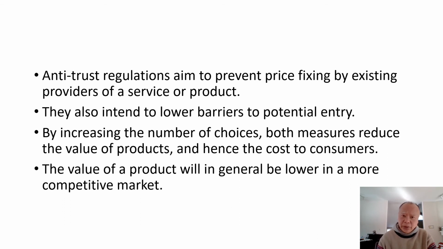They also intend to lower barriers to potential entry. By increasing the number of choices, both measures reduce the value of a product and hence the cost to consumers. The value of a product will in general be lower in a more competitive market.